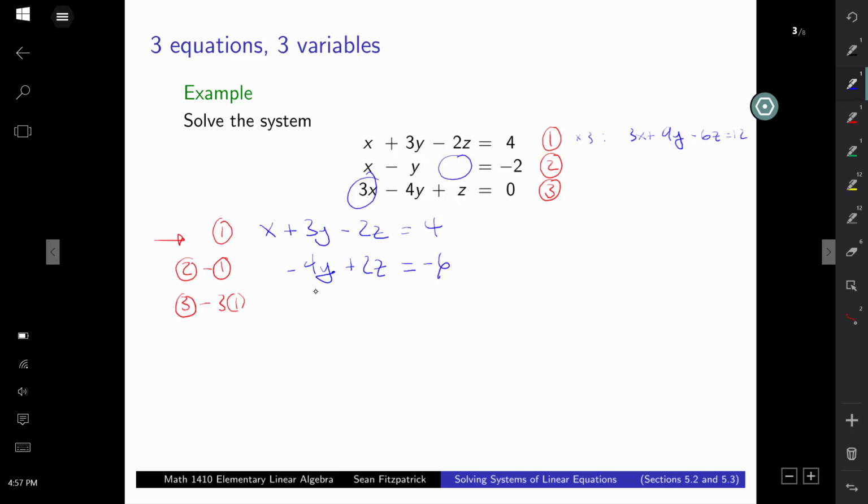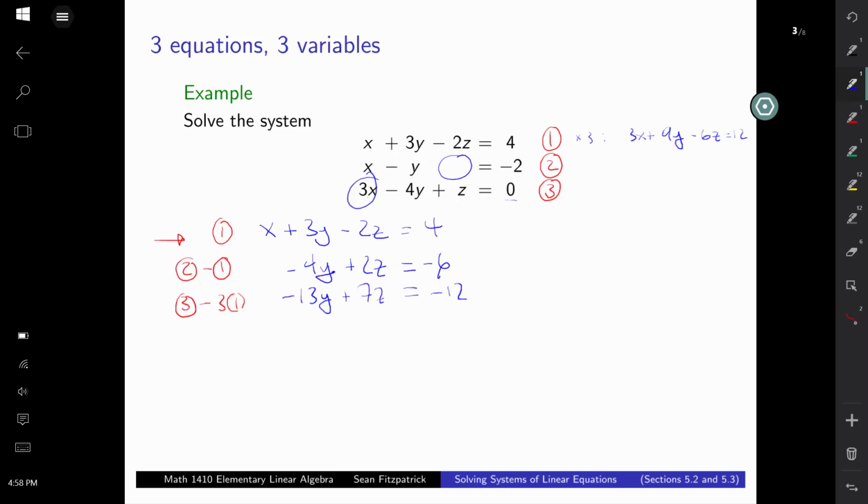So 3x minus 3x, 0; minus 4y minus 9y, minus 13y. Z minus 6z, that gives me plus 7, right? 1 plus 6 gives me 7. And finally, I have a 0 here, and then I'm subtracting 12. So 0 minus 12 gives me minus 12, right?